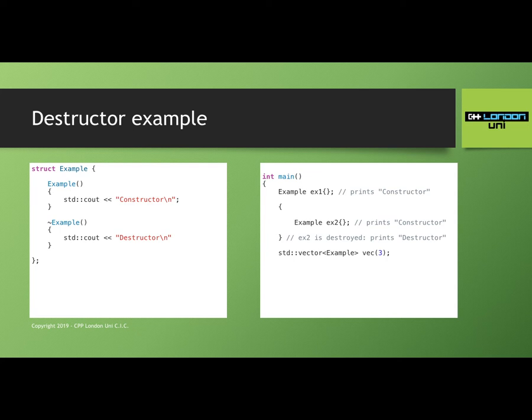And so vec here is going to have 3 example objects inside it. Each of those example objects is going to be default constructed. So this is going to print constructor 3 times. We're going to have 3 calls to the example constructor. That makes sense?